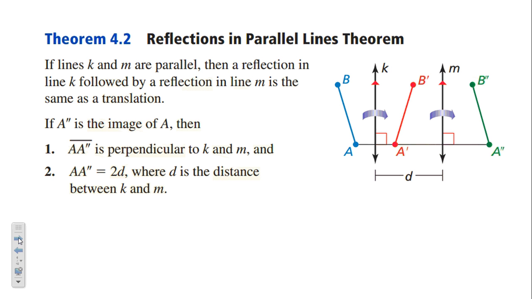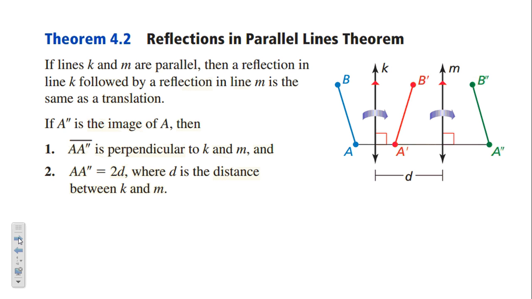If I take a triangle and I reflect it across a line. So here is my original triangle. I reflected it across a line. Exactly what we expect, right? A mirror image of it. Then I reflected across another line that's parallel to the first, and I get a mirror image of the second triangle, right?